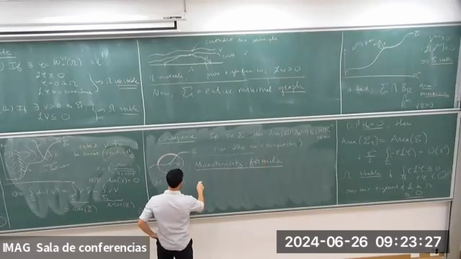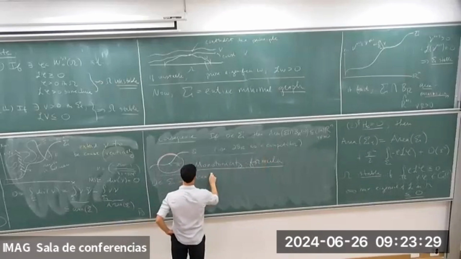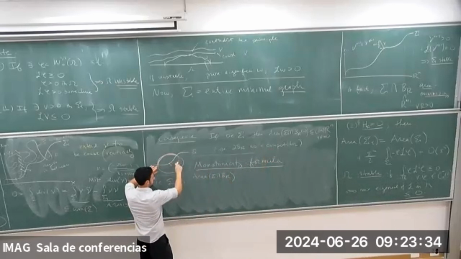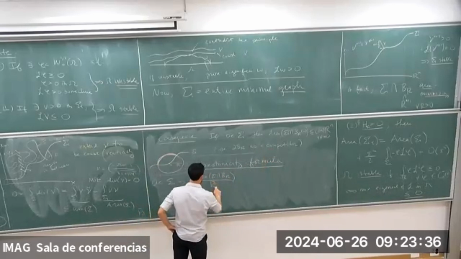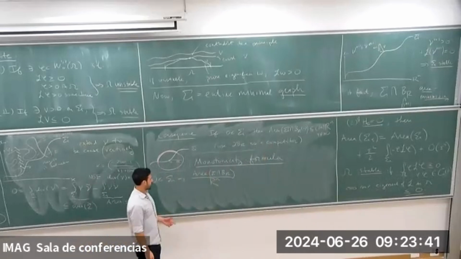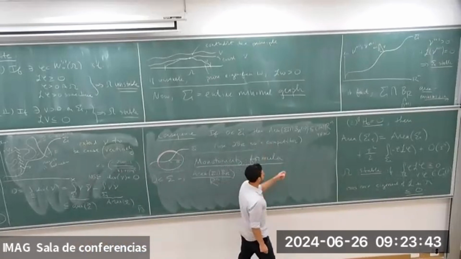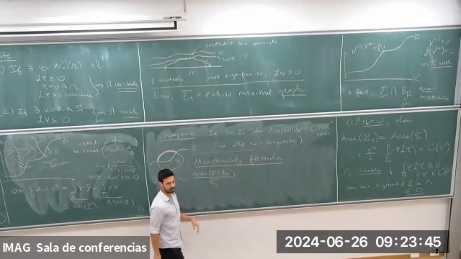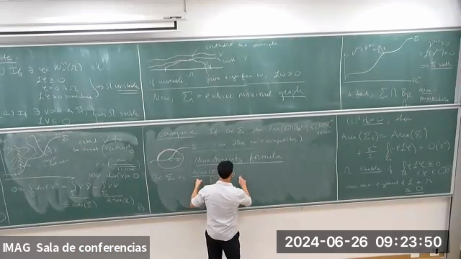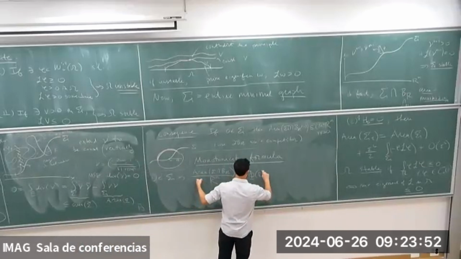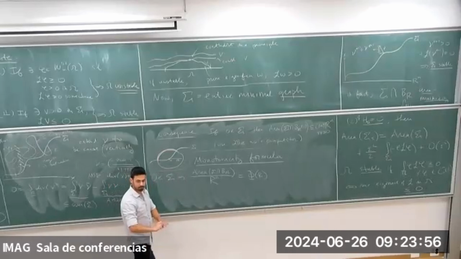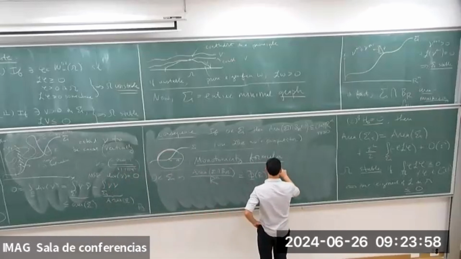Namely, if we're in the same situation, say 0 is in sigma, and if we look at the quantity, the area of sigma inside the ball of radius r, so this area here, we divide by r to the n. We know we'll get some number that's bounded independent of r by the area bound. But the point is that this quantity here, called v of r, is non-decreasing in r.